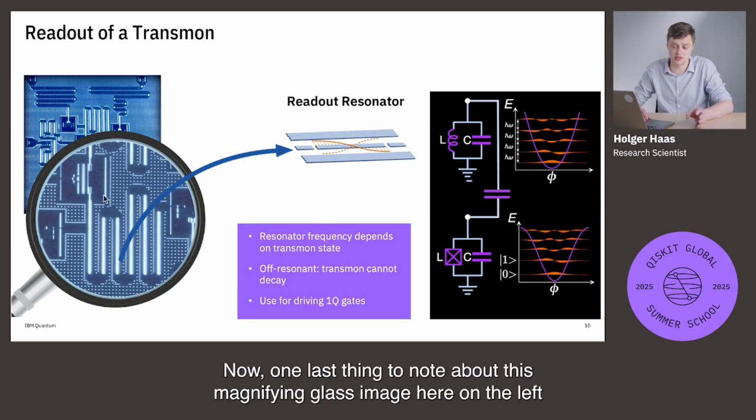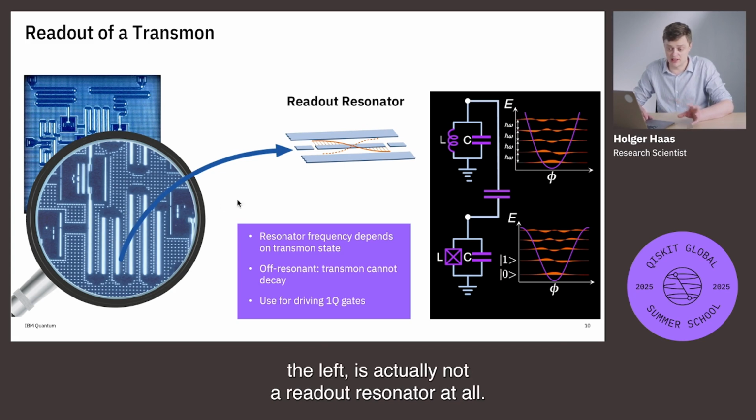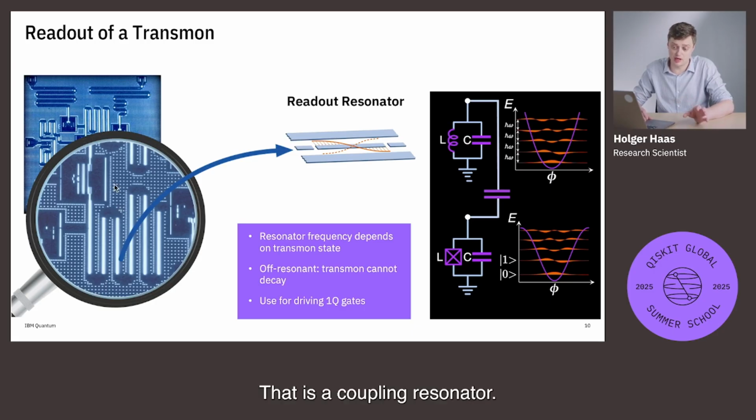Now, one last thing to note about this magnifying glass image here on the left is that the resonator here on the left is actually not a readout resonator at all. That is a coupling resonator, but it's kind of hard to tell that because from the looks of it, they look pretty similar, but you have to trace them.